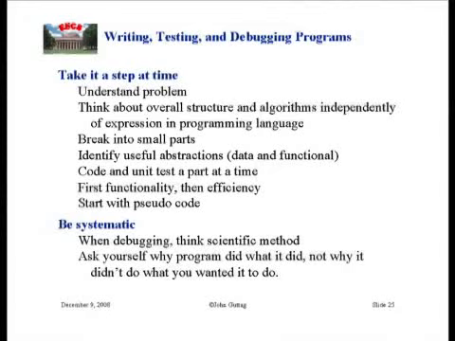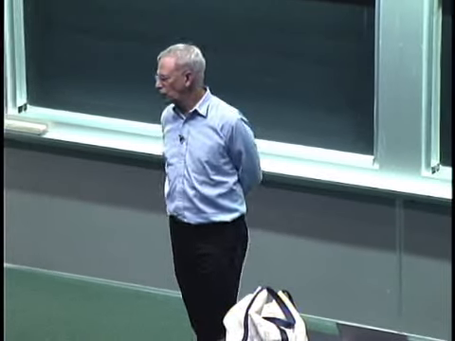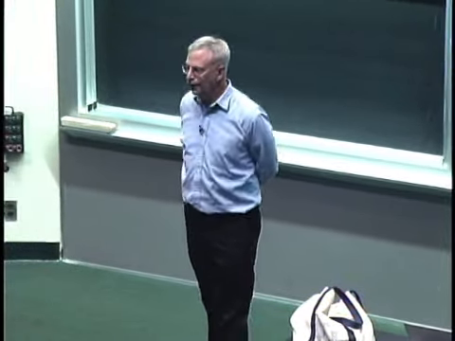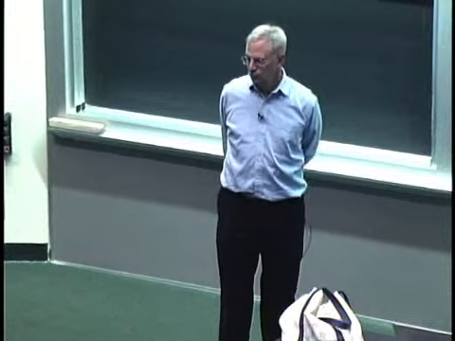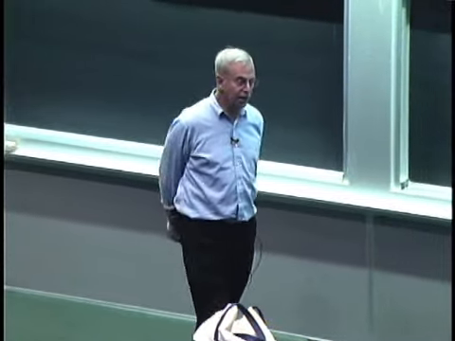Then think about the overall structure of the solution and the algorithms independently of how you're going to code it up. So you might say, well, I'm going to use dynamic programming. And that's an independent decision from Python or Java or C++ or anything else to implement it. And in fact, it's pretty easy to translate a well-organized program from one language to another.